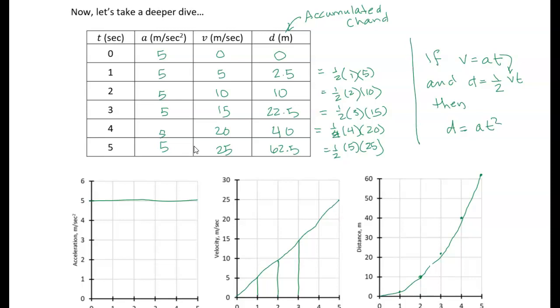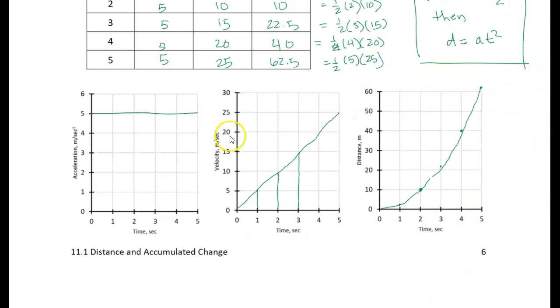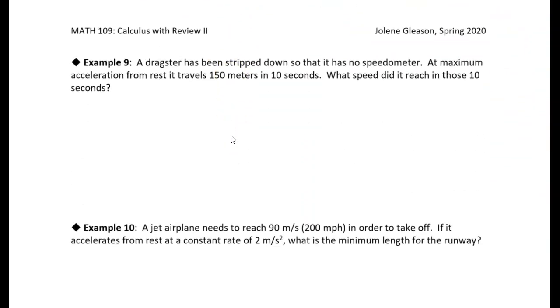Now you might recognize that from physics, if you've taken physics at all. Distance equals 1/2 at squared might be familiar to you. Of course, this is assuming that your initial velocity is 0 and that your initial displacement is also 0. Anyway, that's kind of an aside, but it's interesting that we can derive those physics formulas from this process.